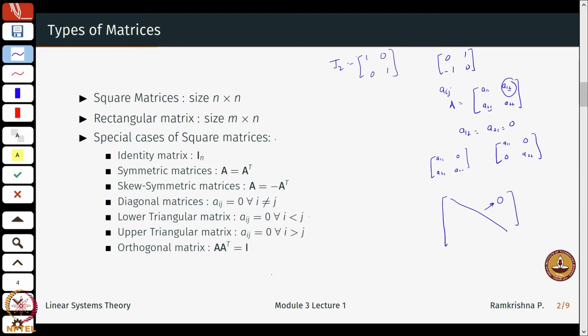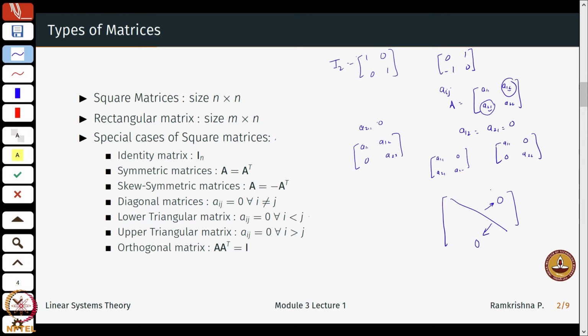Similarly, in an upper triangular matrix, A_ij would be 0 for all i greater than j. So, this is the case when A21 would be equal to 0, and the upper triangular matrix would look something like this: A12, a 0 here, and A22, and we are not really worried about what is sitting on the diagonal. In an upper triangular matrix, all the entries to the left of the diagonal are 0.